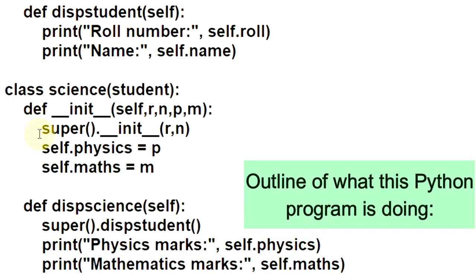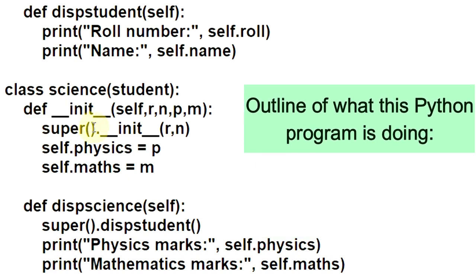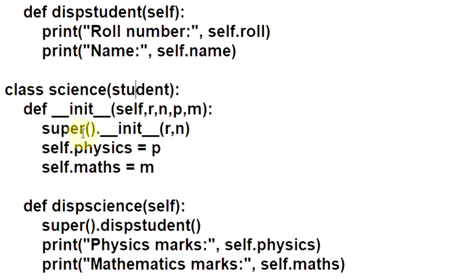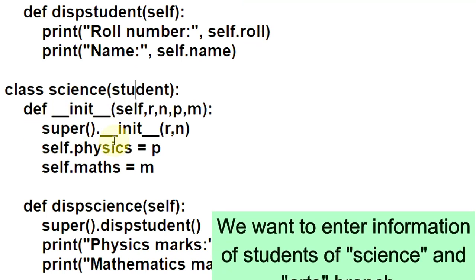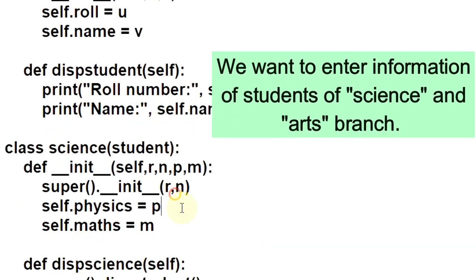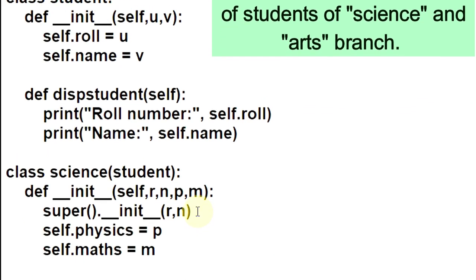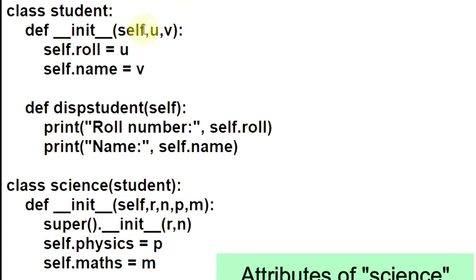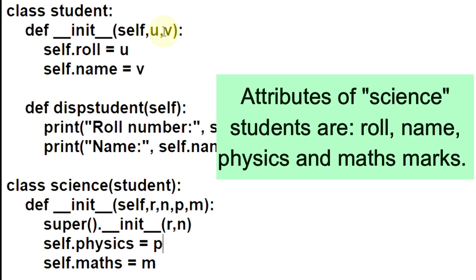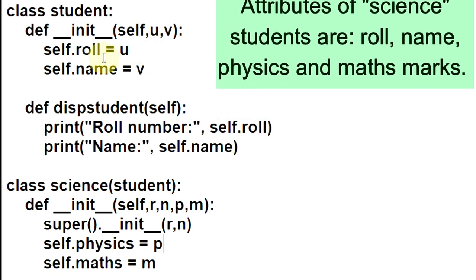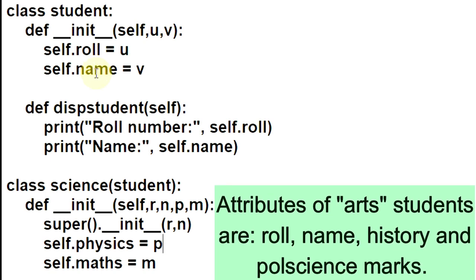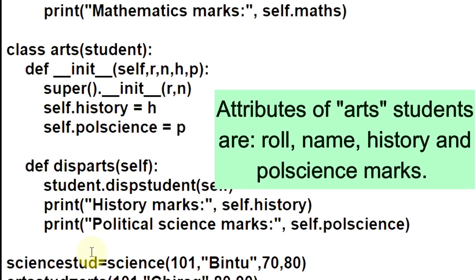From here you are invoking the parameterized constructor of the superclass. Science is inheriting the student class. So the superclass of the science class is student. So the parameterized constructor of the student class will be invoked and these values roll number and name will be assigned to the parameterized constructor of the student class. So the values in R and N parameters will be assigned to these UNV parameters, and from there these values will be assigned to roll number and name attributes of the object being created, that is science stud.